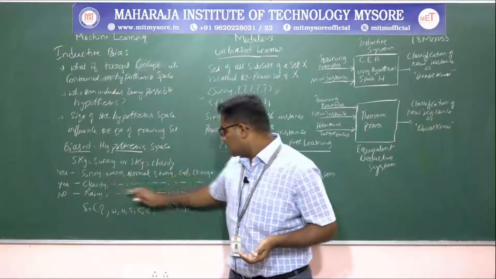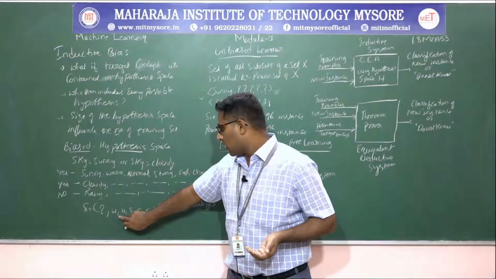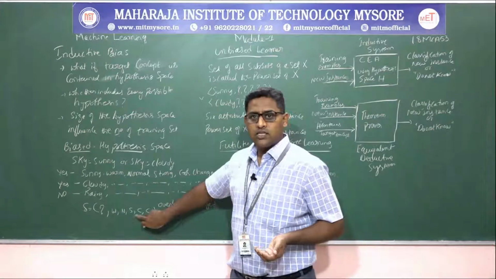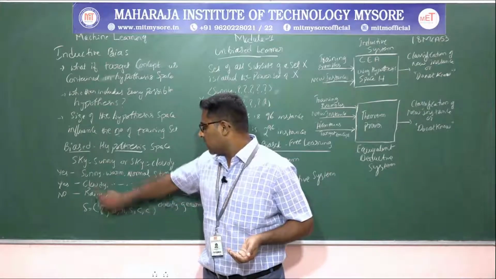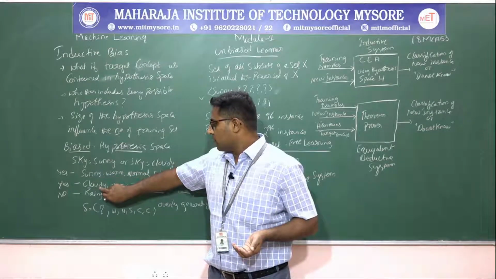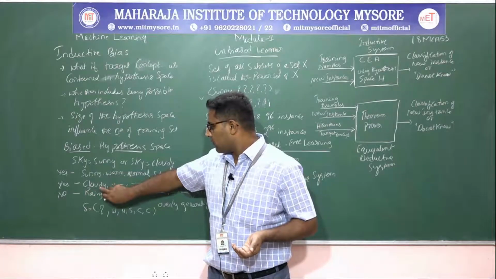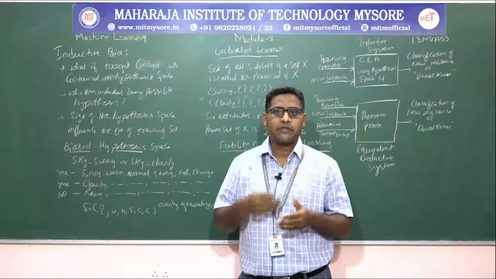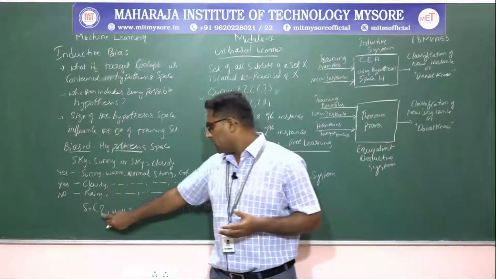These things are already there: warm, normal, strong, cool, change. These are the specific values, and this is the general value which is changing. Sunny is changed from cloudy, and again sky will be from cloudy to rainy. These are the specific values which will be changed, so it will be generalized.